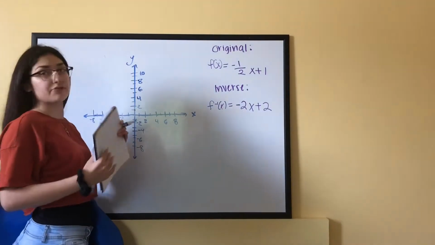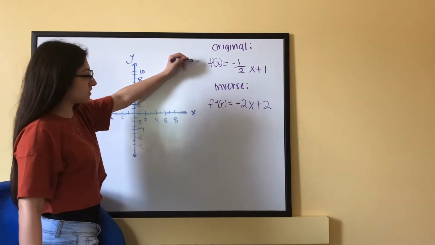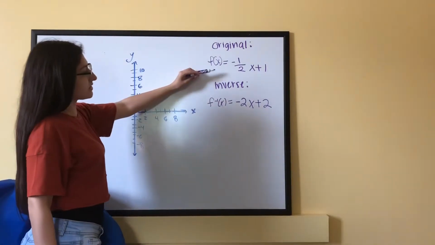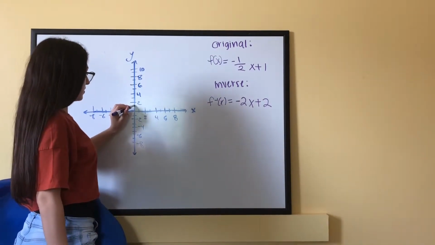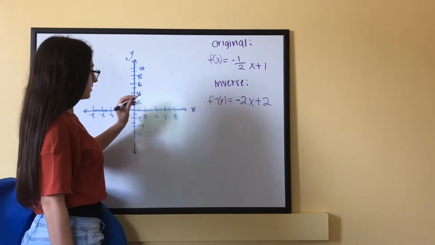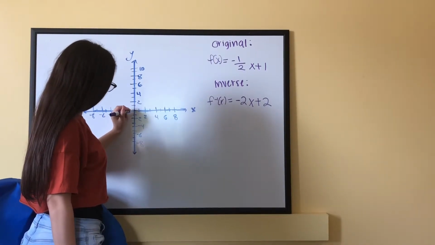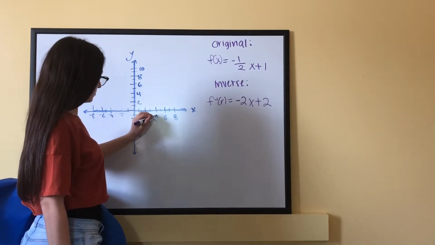So continuing off of Alfredo's idea, now we're going to graph his original function and the inverse function. The first one is f of x equals negative 1/2 x plus 1. So we put the 1 here for the y-intercept, and then negative 1/2 would be the slope. So we go down 1 and over 2.